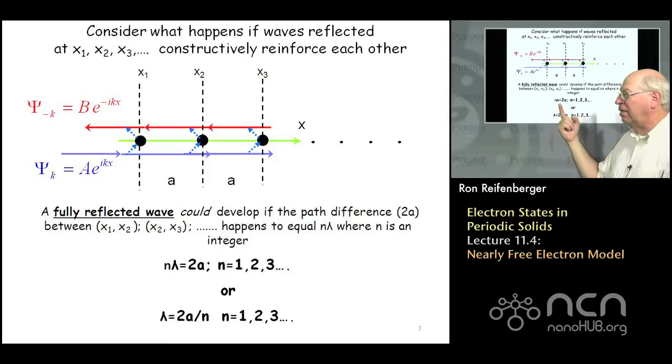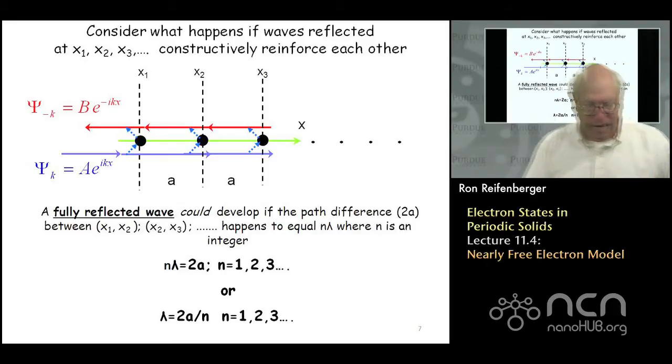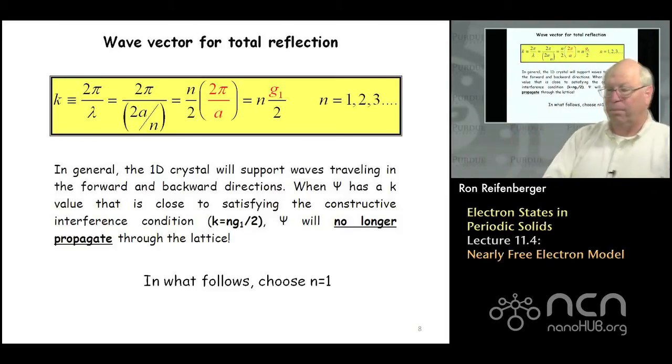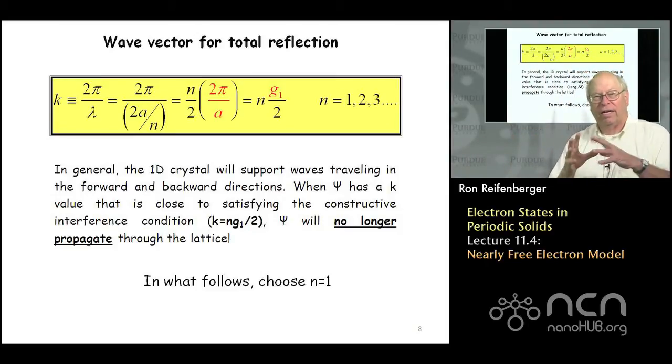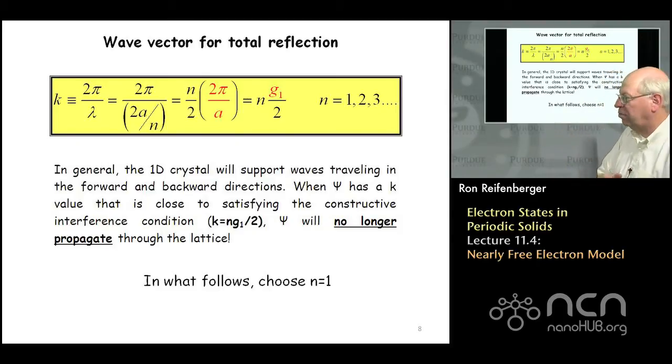And the condition for that to occur would be this relationship between wavelength lambda and the periodicity of the lattice a. So this gives us a condition for wavelengths for this quantum state, for this fully reflected wave to develop. So it's a model, right? Once we know the wavelength that this fully reflected wave is going to develop, then we want to calculate immediately what the k vector would be for that particular electron state.